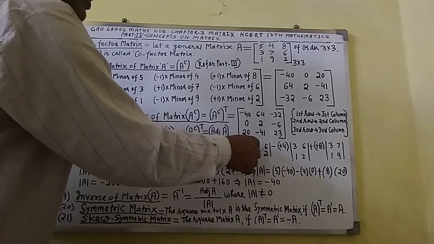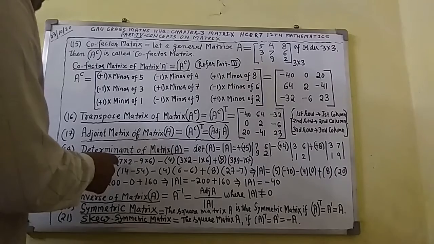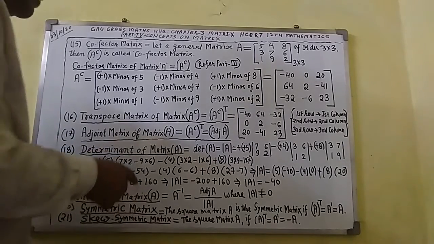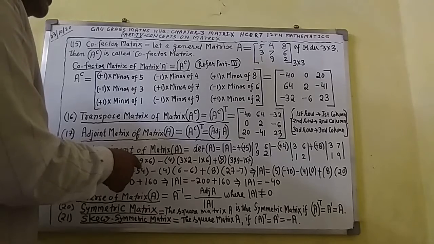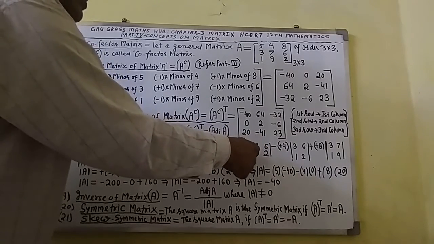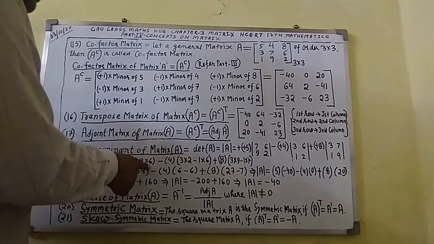We'll multiply them together, so we get 7 into 2. Here the minus sign is fixed. After that, the elements of the reverse diagonal, 9 and 6, will multiply together.